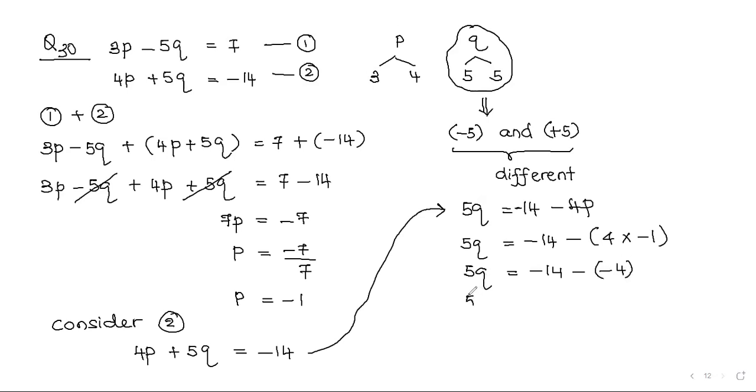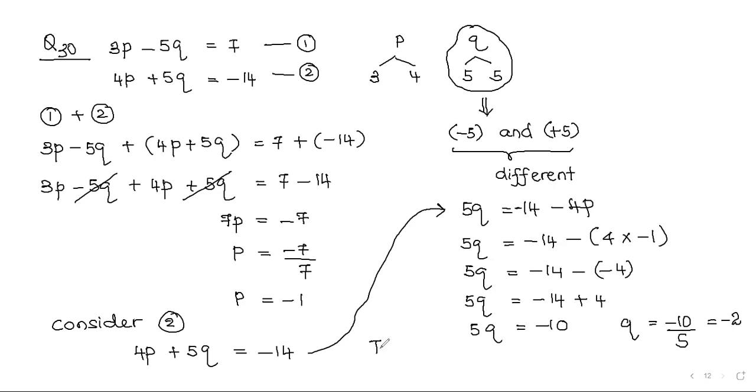So then here I write 5Q and negative 14 positive 4. Now what happened? The negative, negative, it becomes positive. So then I have 5Q equal to negative 10. So then you can write Q equal to negative 10 divided by 5. The answer is negative 2.